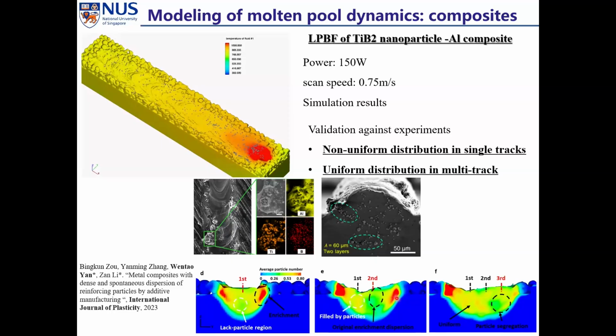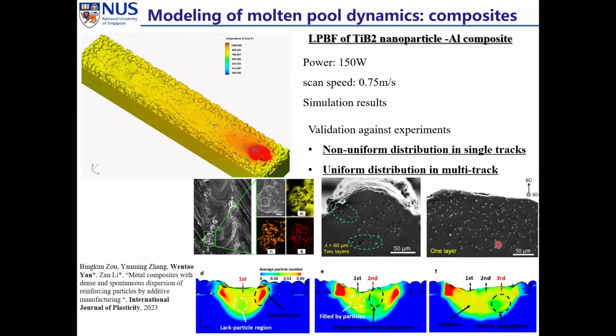So after many layers, many tracks, the overall distribution of nanoparticles will be pretty uniform. And you can see this is the experimental result following our suggestions, which results in very good mechanical properties because the distribution is very uniform.